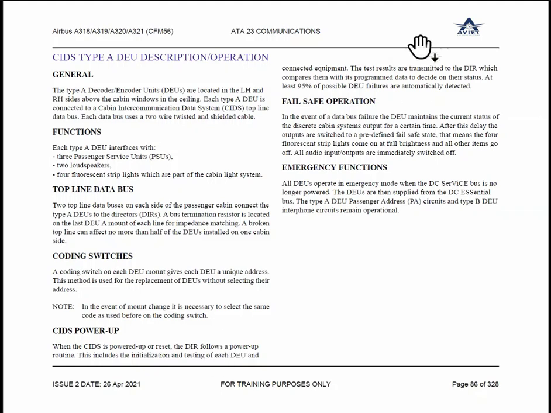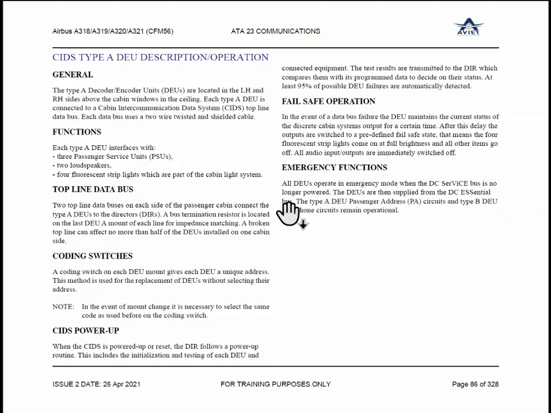Power up: when you do the power up, it is able to recognize 95% of failures automatically, that is, which unit has failed. With the help of the power up test, it can recognize and tell you which DUA, which light is not working, etc. It is able to recognize all the failures.